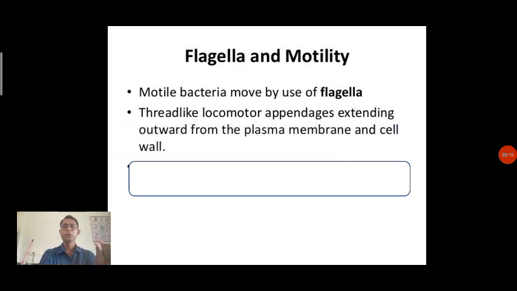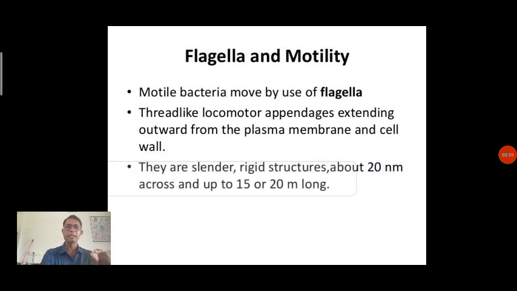When we observe this bacteria in detail, it is a thread-like locomotory organ that appears from the plasma membrane and also from the cell wall. So the cell wall and cell membrane are the two places from which the flagella originate.